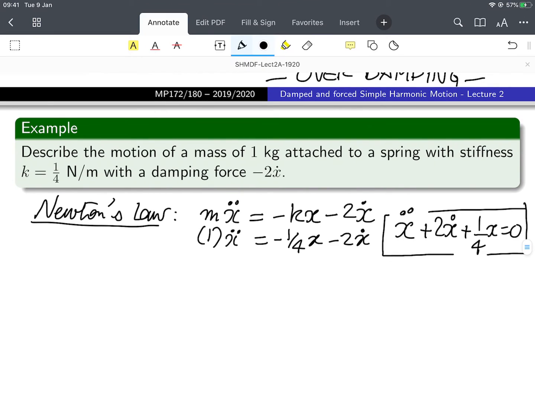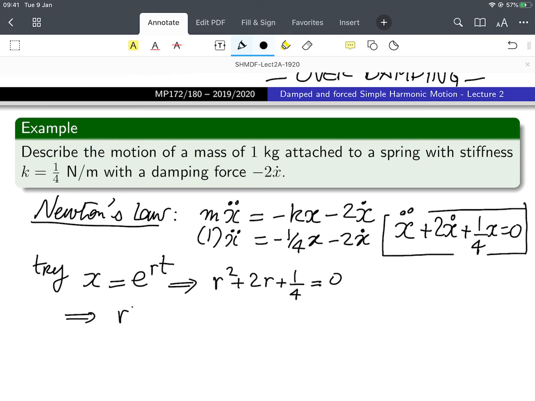Okay, I look at it, I see that it's a second order ordinary differential equation with constant coefficients. So I can try an exponential type of solution. If I substitute this inside, I know I will end up with the following quadratic: r squared plus 2r plus 1/4 equals 0. And now I know how to solve this.